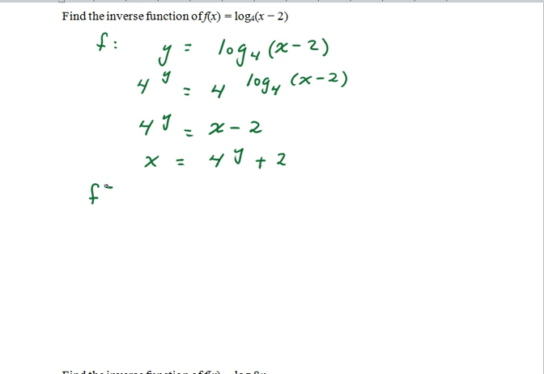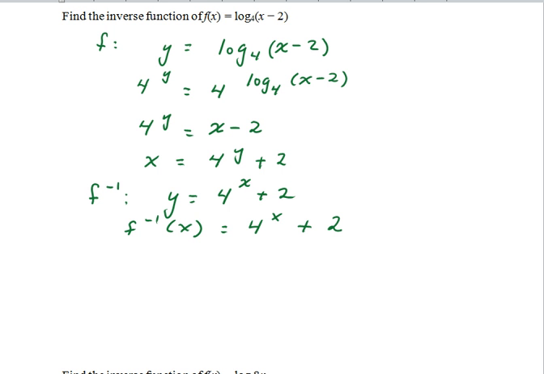F inverse would have a two-variable equation, y equals 4 to the x plus 2. And so f inverse of x is 4 to the x plus 2.